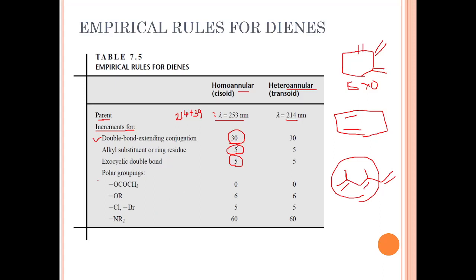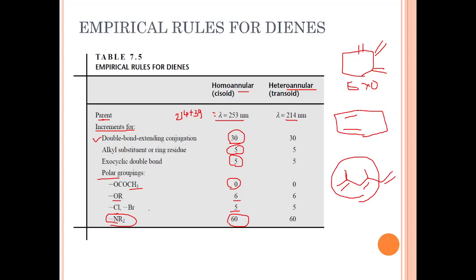For polar groupings, for OCOCH3 we don't add anything. For alkoxy we add 6, and for halogens like Cl and Br we add 5. NR2, an amine substituent, has a good impact on the absorption, so we add 60 for the NR2. There might be NH2 or monosubstituted, disubstituted amines.